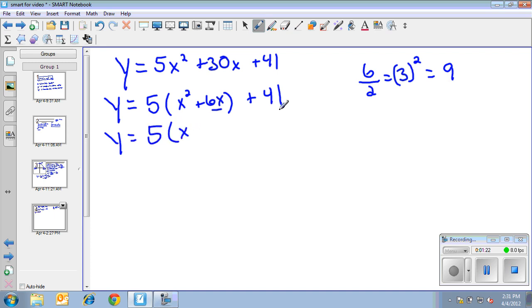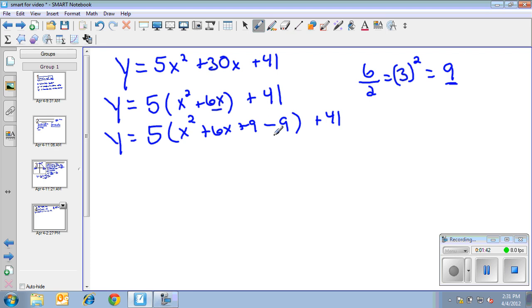So now we take this magic number and we add and subtract it within these brackets. So we have x squared plus 6x plus 9 minus 9. Close the bracket, and then you have your loner 41 outside. Okay, so I want to have a perfect square trinomial, which is my x squared plus 6x plus 9.